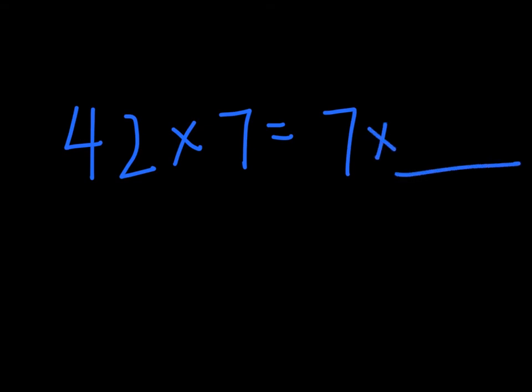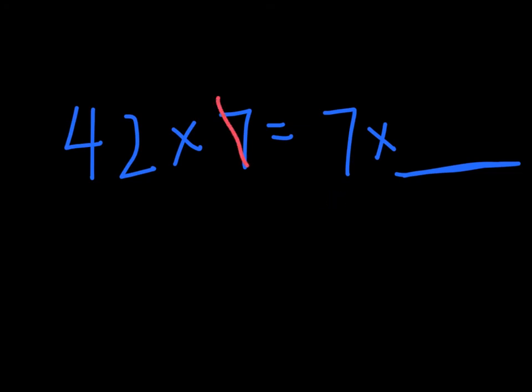So let's do one more example of the commutative property. Let's say I was going to multiply 42 groups of 7. Now I'm going to say 42 groups of 7 is equal to 7 groups of something. Well, if you look at your number sentence, you're going to notice that there's a 42 and a 7 on this side of the equal sign, and on this side I only have a 7.